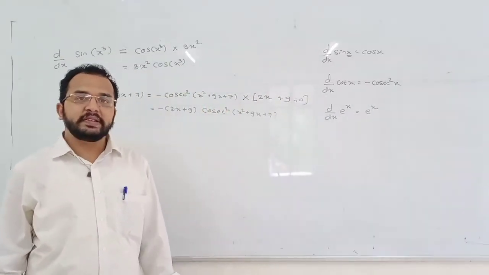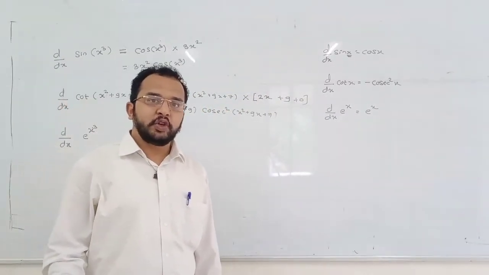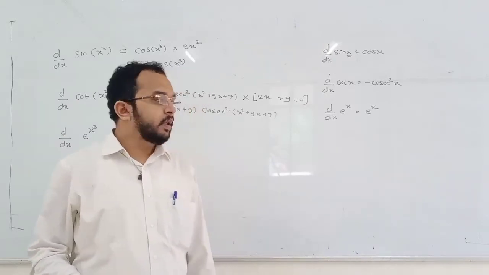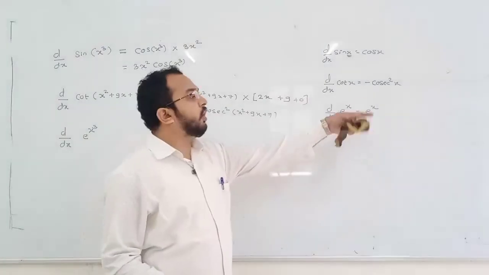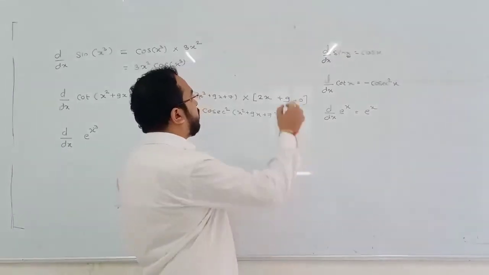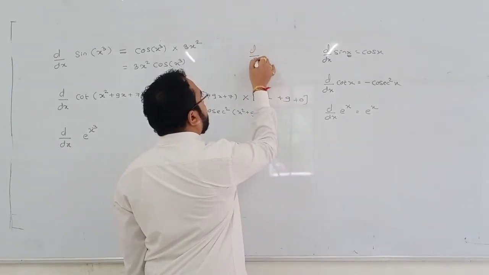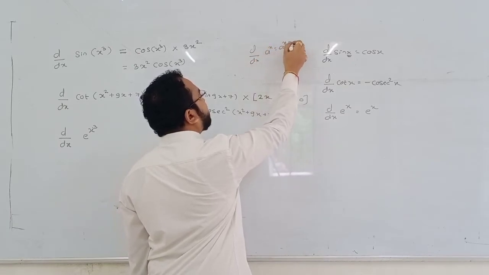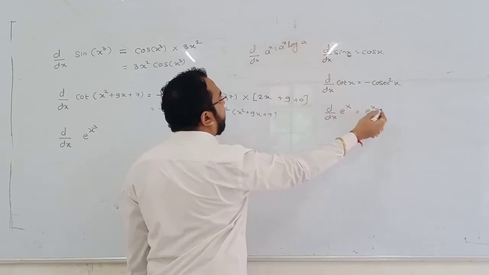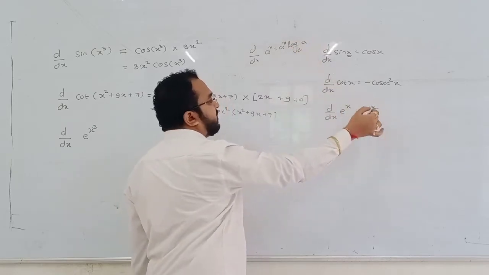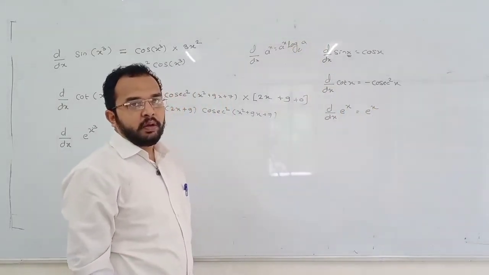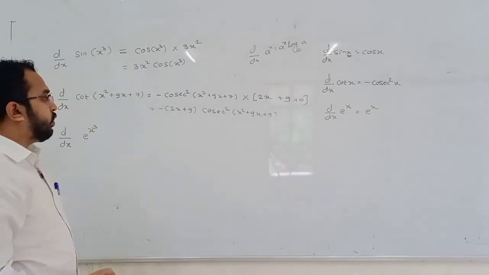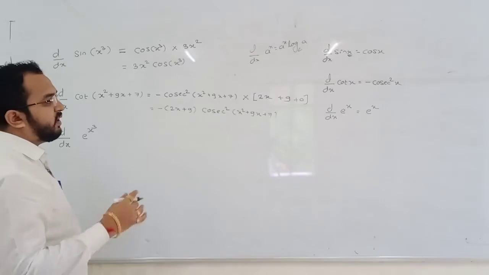Differentiation of e to the power x is e to the power x. Because differentiation of a to the power x is a to the power x log a, but if it is log e with base e, log e base e will become 1. So differentiation of e to the power something is e to the power something.